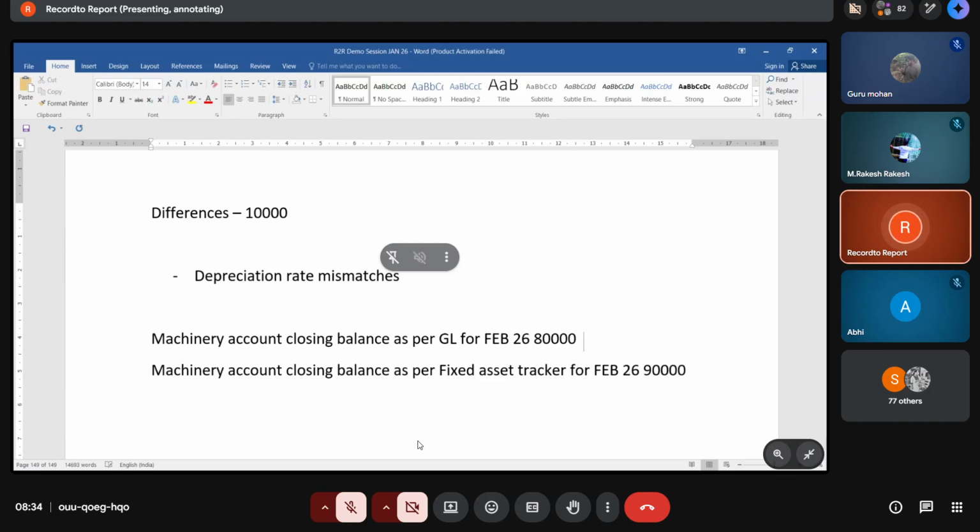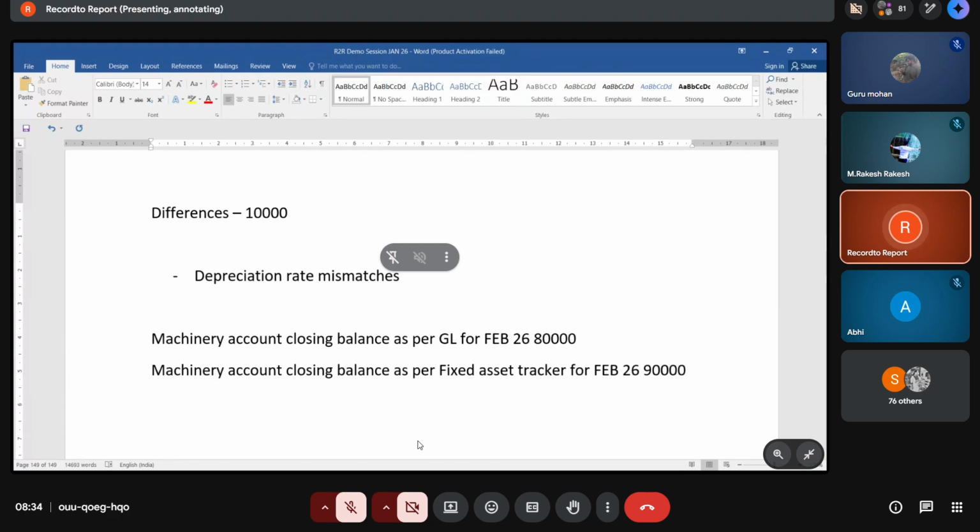So actual depreciation on the machinery is 10%, guys, but in the general ledger while processing the transaction, they wrongly calculated the depreciation. Instead of 10%, they have taken 20% depreciation, guys.